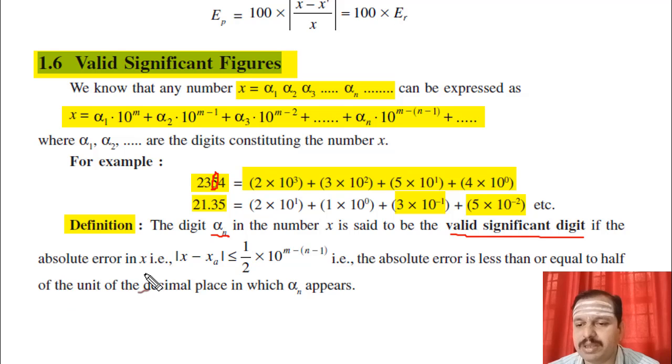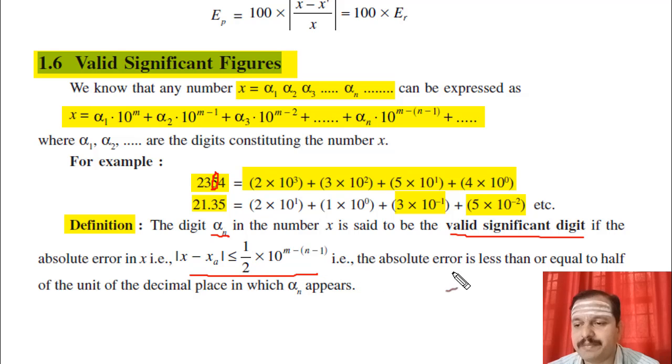If the absolute error in the entire number x, that is absolute of x minus xa, is less than or equal to half of 10 to the power m minus bracket n minus 1, this is the definition we are having over here.